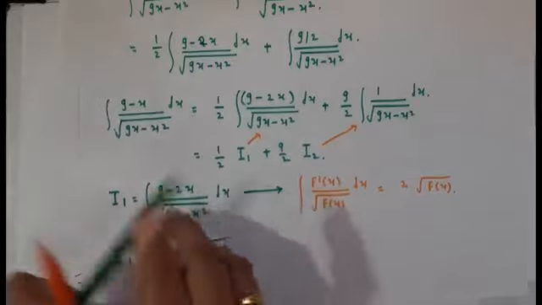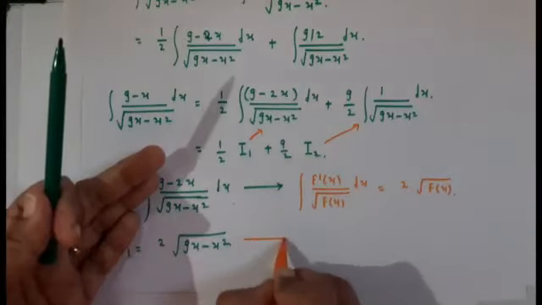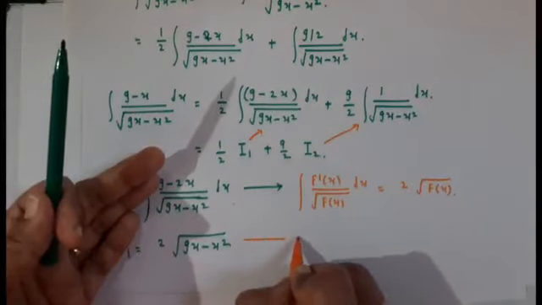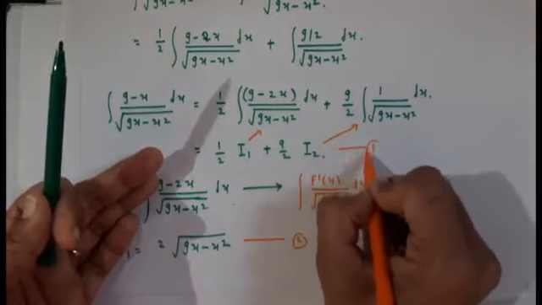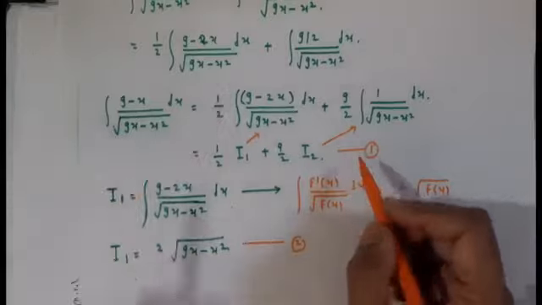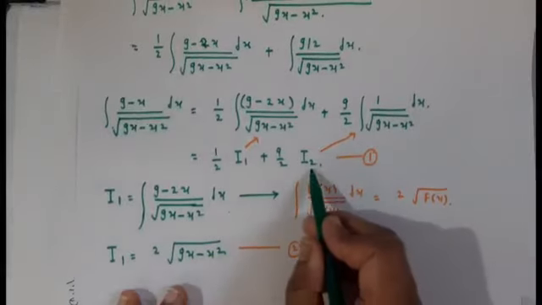This is the integration I1. Now suppose this is expression 2, we have to put the value of 2 and 3 in expression 1. Now let us find out I2.